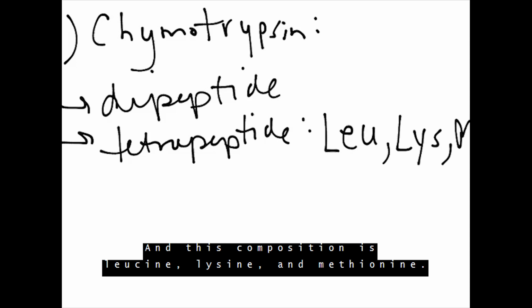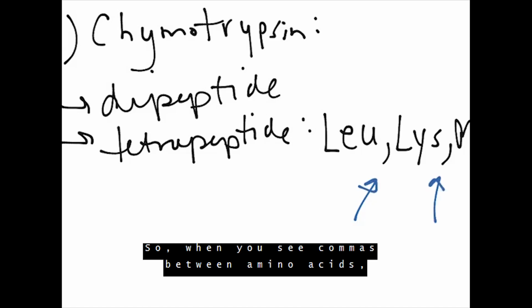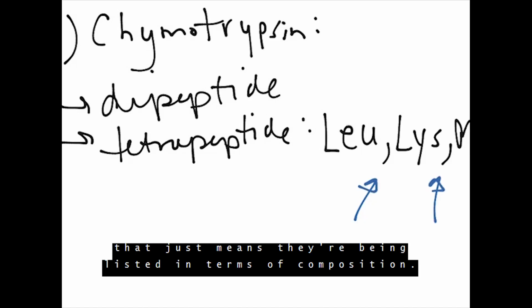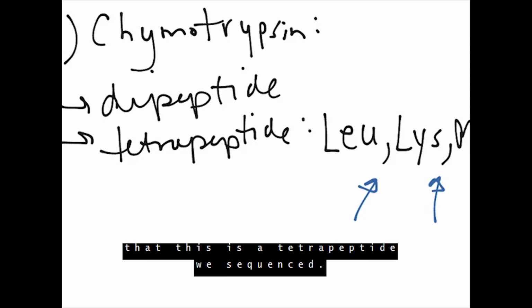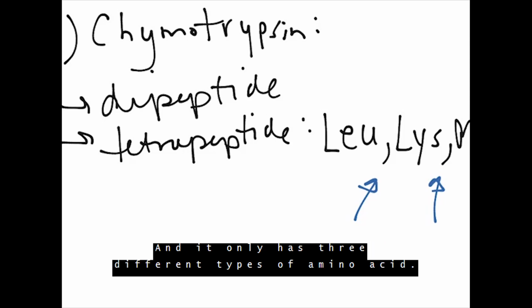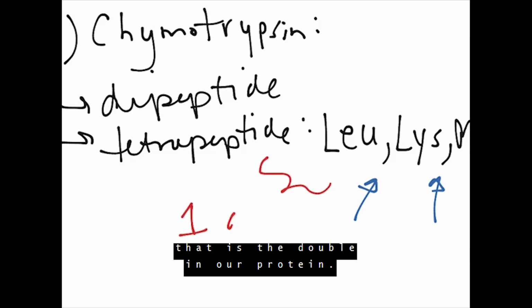lysine, and methionine. So notice that I'm using commas here. So when you see commas between amino acids, that just means they're being listed in terms of composition. It doesn't mean that that's the order. So again, in this example, we know that if this is a tetrapeptide we sequenced, and it only has 3 different types of amino acid, then one of these is the one that is the double in our protein.